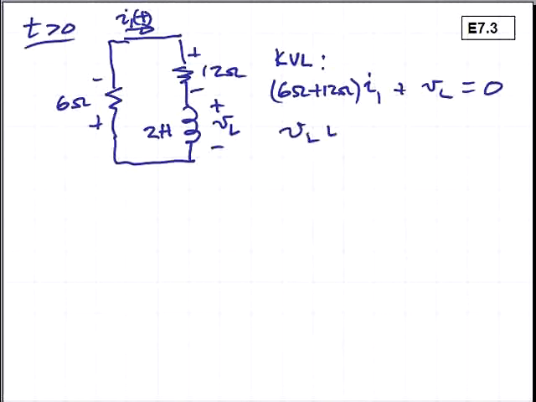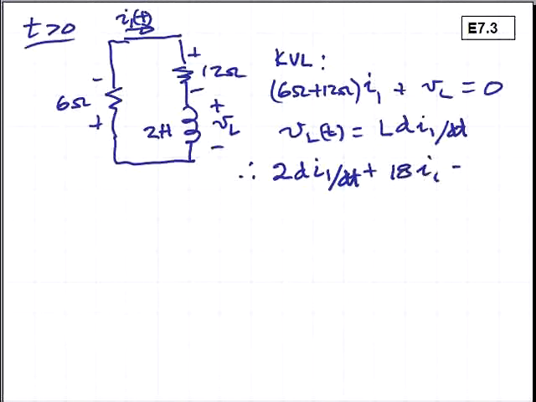Now V sub L of t for the inductor is equal to L di1 dt in terms of the current which we seek. So therefore our KVL equation becomes 2 di1 dt plus 18 I1 equals 0. So this is a differential equation.